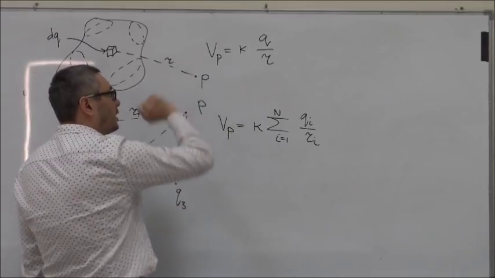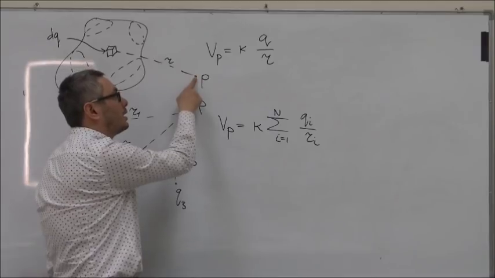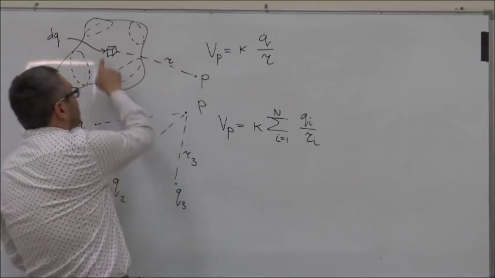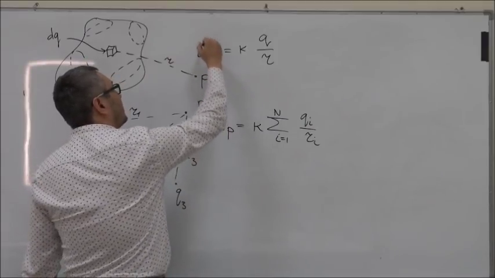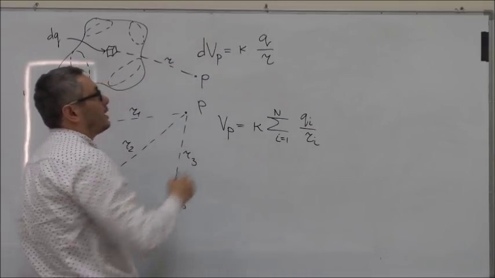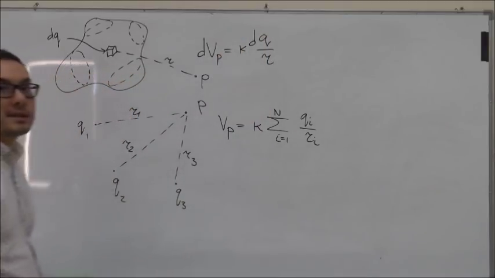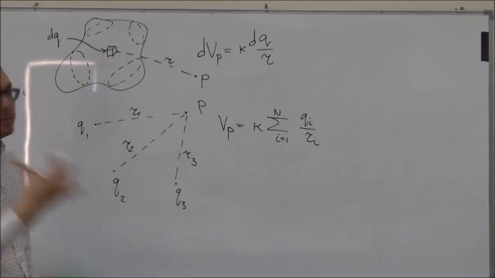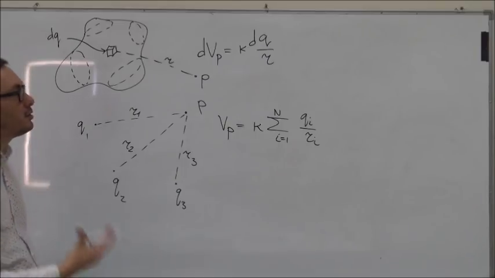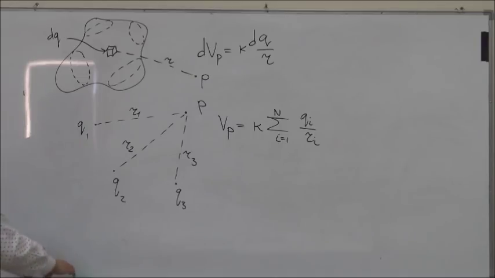Now we can talk about the electric potential element created at this point due to this element of charge dq. So instead of Vp, I can say dV, and instead of q, I will have dq. This is how the equation changes for an element of charge. It is similar to what we did when we were considering electric field due to a continuous charge distribution. So same thing is here.